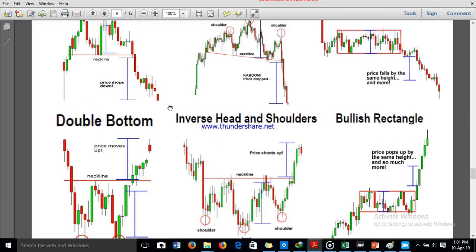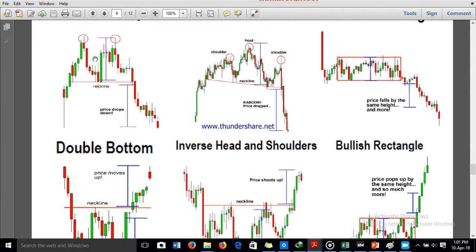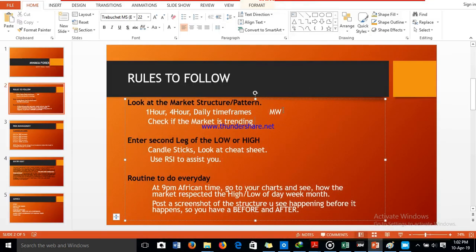That means look for a double top or double bottom, or an M or W, on a larger time frame. Or else look for a head and shoulders, and make sure you draw a line, or you draw the possible setup. That means before.